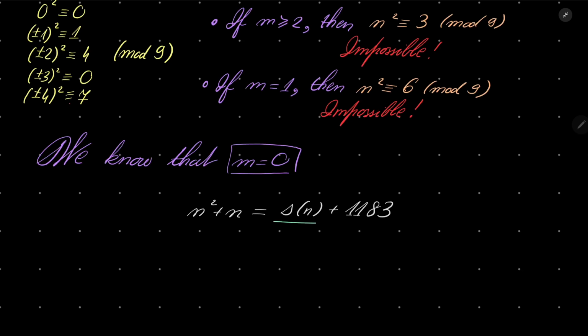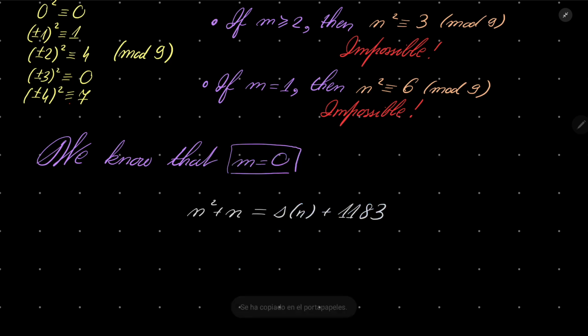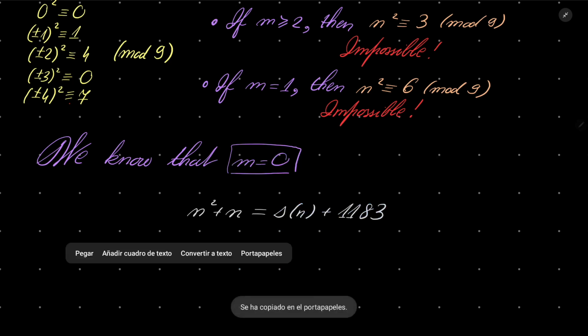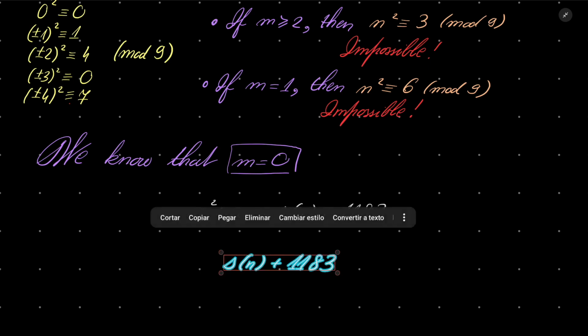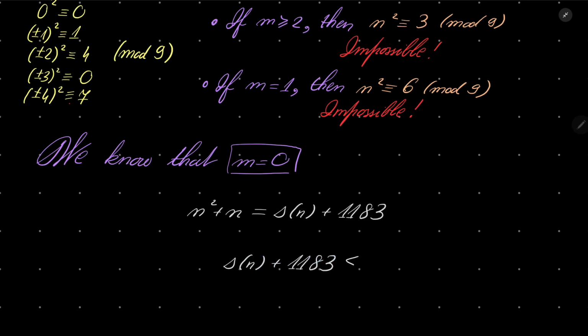Very well, and now let's take a look at this number right here. The sum of digits is always greater than or equal to 0, and it's also every time less than or equal to n.